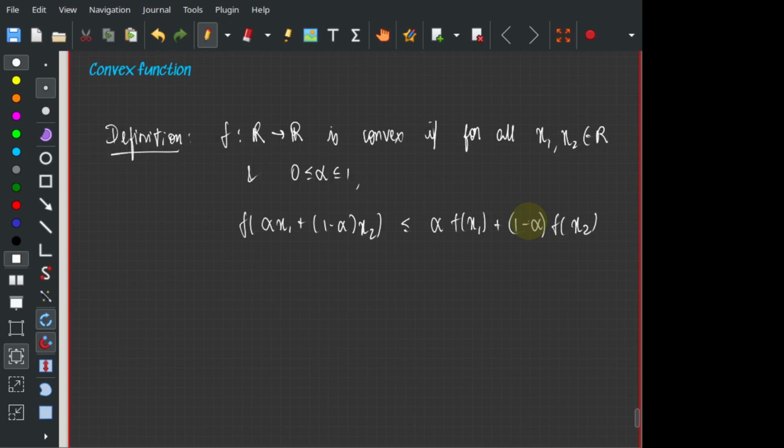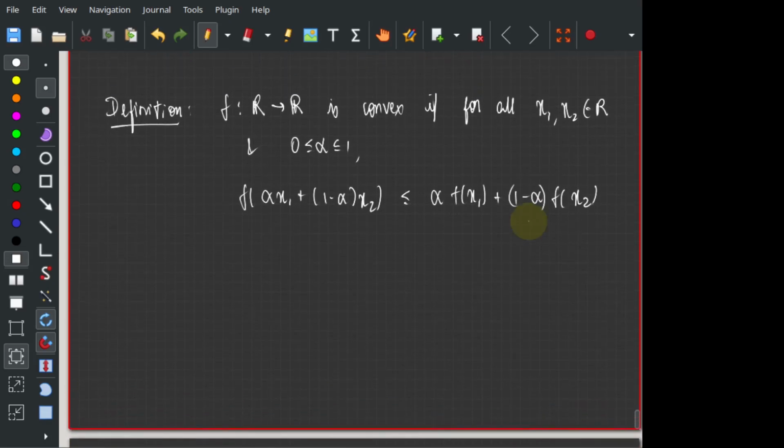All right. So this is the mathematical definition of a convex function. Another related definition: this is less than or equal to, and if the equality holds only for alpha equal to 0 and alpha equal to 1, then we say it is strongly convex.